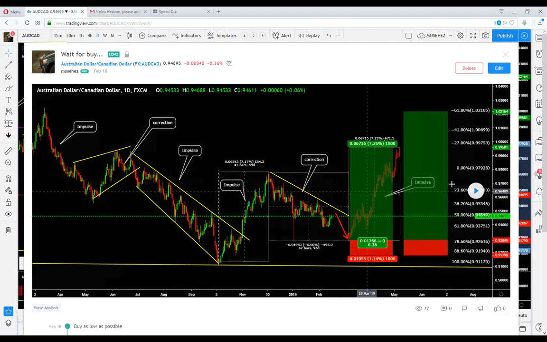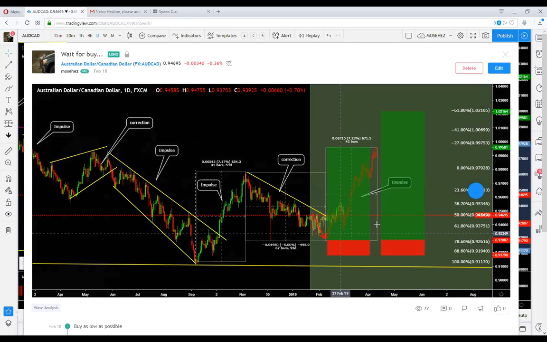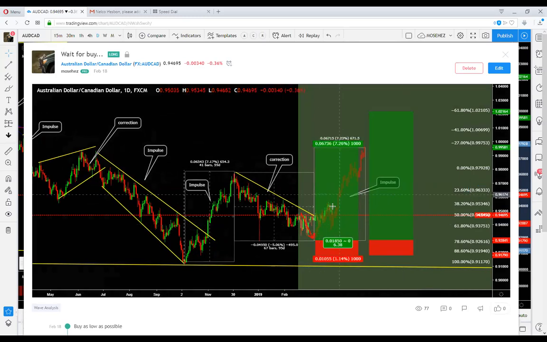I hope they did. If they did, then maybe they are richer now. You can see already it is moving up. So what we do, just wait for corrections and continue buying. This is a trade that is good.